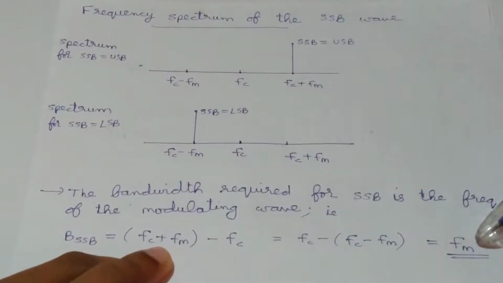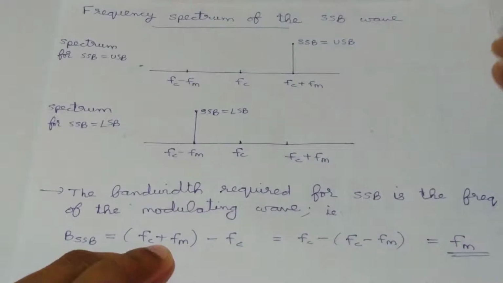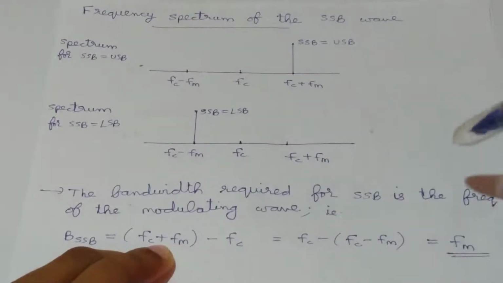So in this single sideband technique, the bandwidth required is only FM, which is half of the bandwidth required in basic amplitude modulation and the double sideband suppressed carrier technique. This technique significantly saves power compared to AM and DSB-SC, since the carrier and one sideband are suppressed, and it also saves bandwidth since only one sideband is chosen for the transmission.